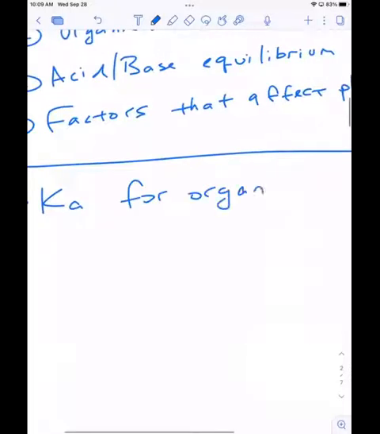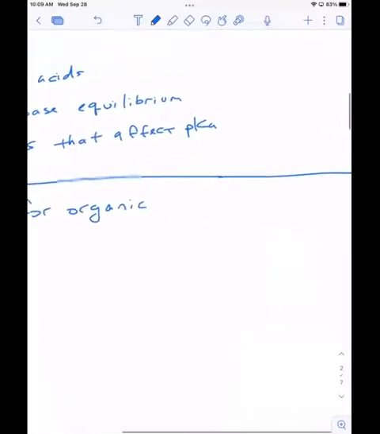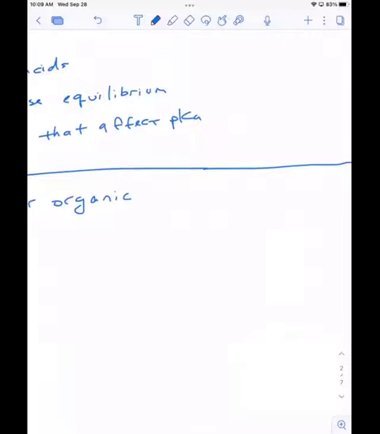I just saw a good pKa list on Twitter too the other day. I need to go back and find it, so I can give it to you all. But there is a list in that second module. I think there's a pKa list in that module. Let me look right quick. There's a list in the module, and I think it's in supplementary materials or readings. It's in one of the two. Let me find it. Second module.